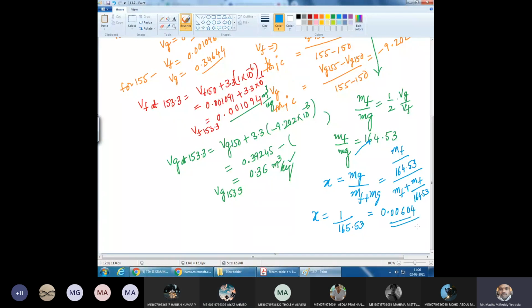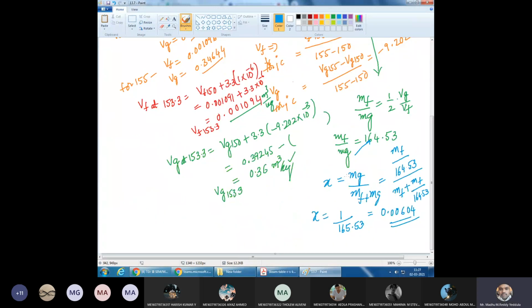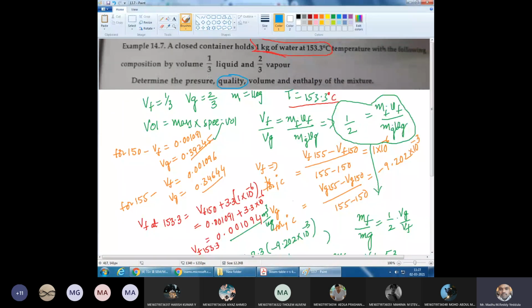Okay, right. So now we got the dryness fraction corresponding to this value. So what is the quality? Quality is the dryness fraction only. And you can calculate pressure by using interpolation. He's asking for pressure. So how to calculate pressure?